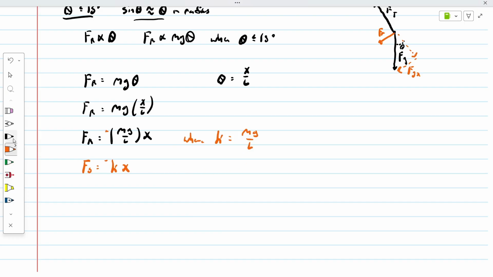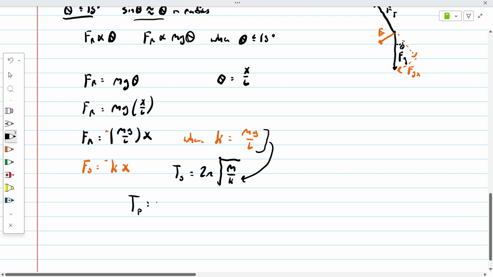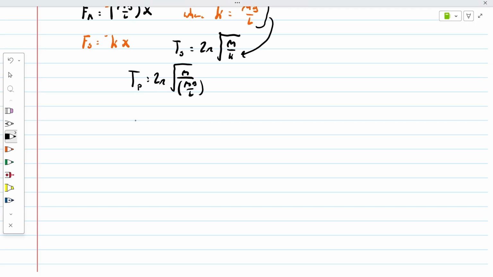And so what we can do is actually take our equation for a spring where we have 2 pi square root of m over k. And we can actually plug in this for our k to get our pendulum period. And so to get the period of a pendulum, we can plug in what we got for k, and so we'll have mass over mass times gravity over L. And so we can go ahead and plug these in and get the period is equal to 2 pi square root.